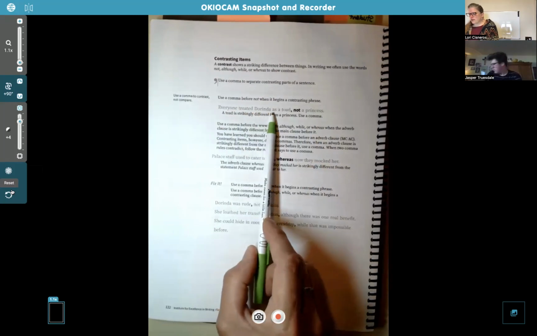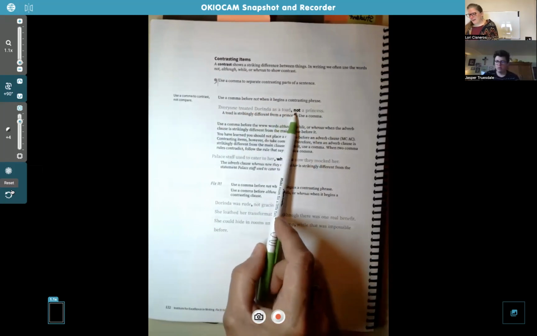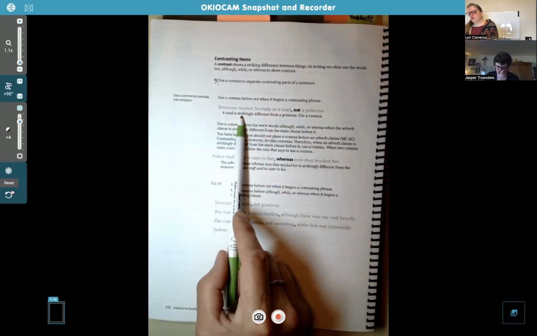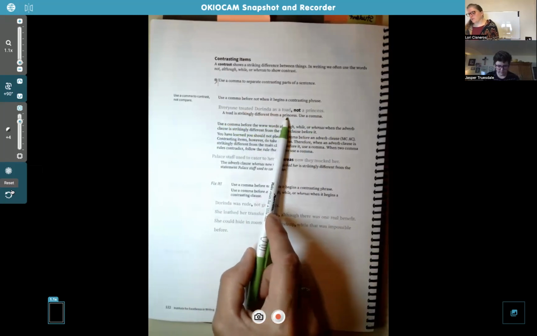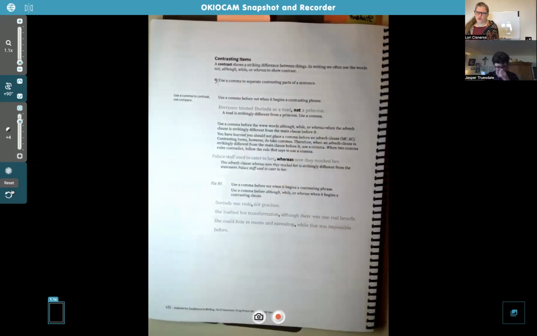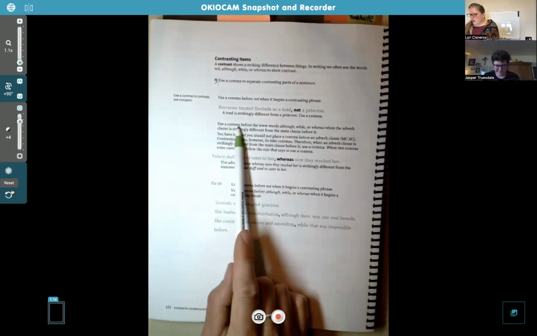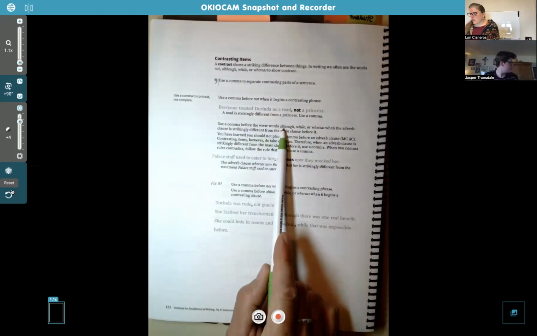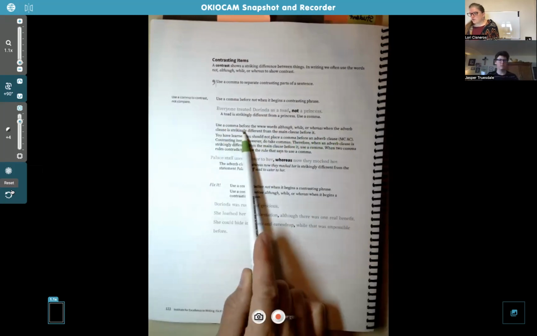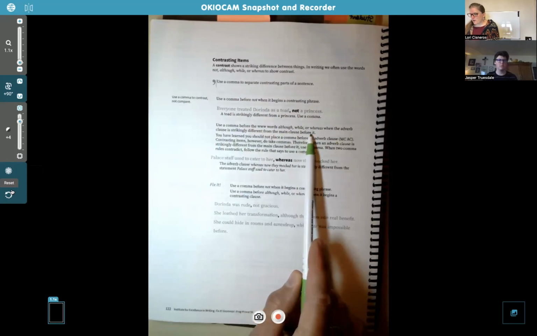Everyone treated Dorinda as a toad, not a princess. So a toad is strikingly different from a princess. So use a comma. It's funny how they use that word strikingly. Anyway, use a comma before the www words, although, while, or whereas, when the adverb clause is strikingly different from the main clause before it.